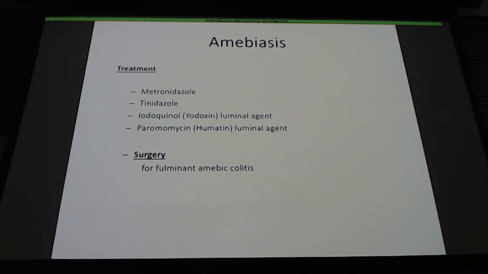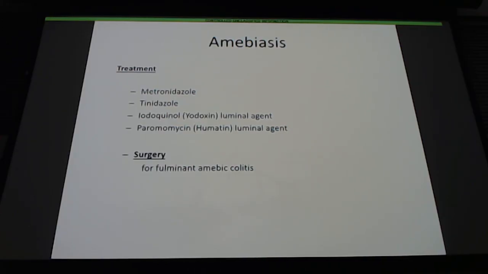Now, I need you to understand this slide for treatment. Okay? I need you to understand this slide for treatment. Okay. If it is extra-intestinal, I need you to treat with either metronidazole or tinidazole and iodoquinol or paromomycin.